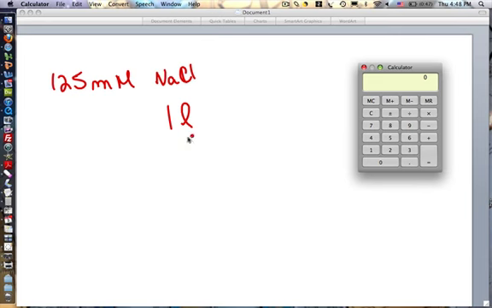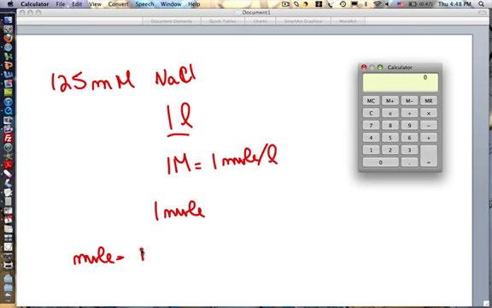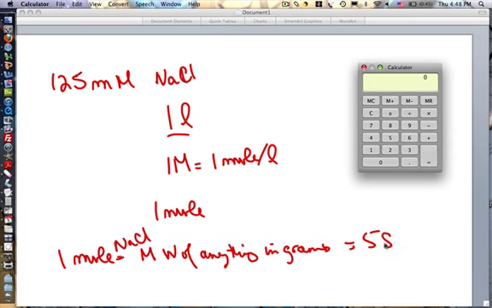We'll calculate that, but let's start off, say on paper I make 1 liter, and that's great because 1 molar equals 1 mole per liter. And so if I want a 1 molar solution and I want 1 liter, I just want 1 mole of material. And a mole is defined as the molecular weight of anything in grams. So 1 mole of sodium chloride is equal to 58 grams.